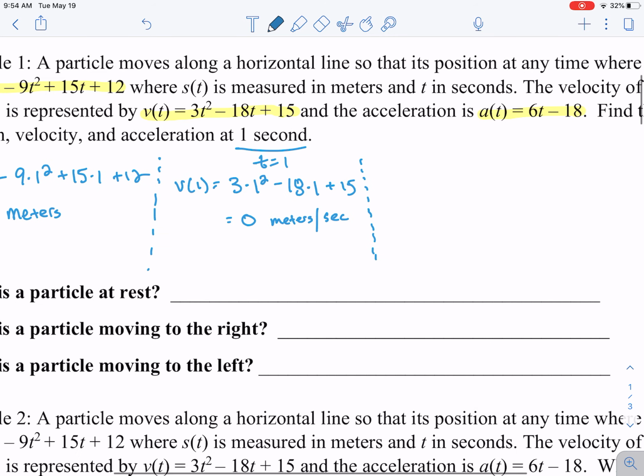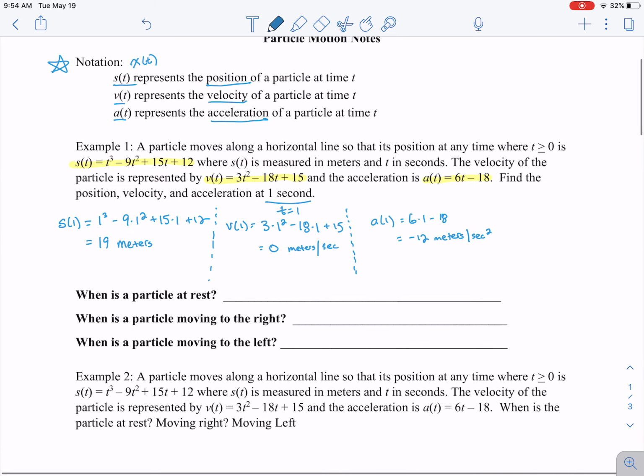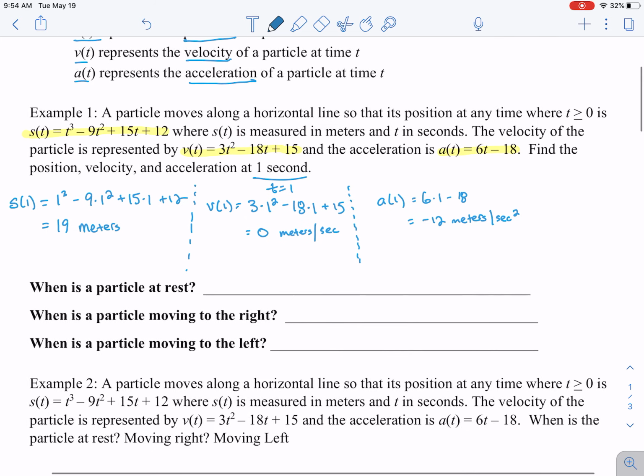And then when we do acceleration at 1, this is actually going to give you negative 12 meters per second squared. Okay, so that's all of that at 1.